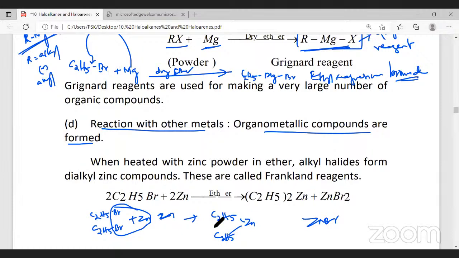Now, the zinc is directly bonded to the carbon atom. Therefore, it's called diethyl zinc. These are called Frankland reagents. When heated with zinc powder in ether, alkyl halide forms dialkyl zinc compounds, and these are called Frankland reagents.